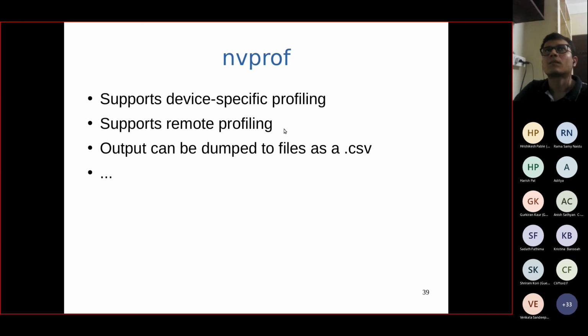That is, the program is being run on some particular device, and the GUI is somewhere else, and you want to profile it. You can do it using nvprof. And the last point is that it will dump all the output as a CSV file, and you can check that file and see the details related to your CUDA program.